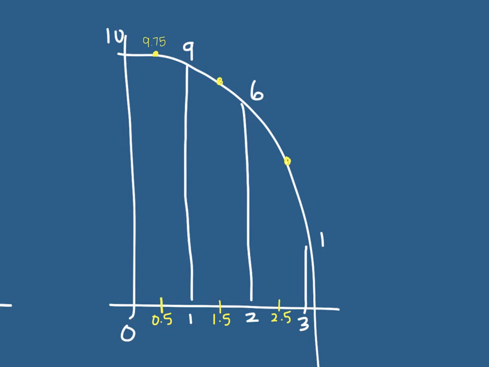Okay, 1.5 squared, that's 2.25. Subtract, 7.75. And then 2.5 is the x value. If you square that, that's 6.25. And so subtract, we get 3.75.